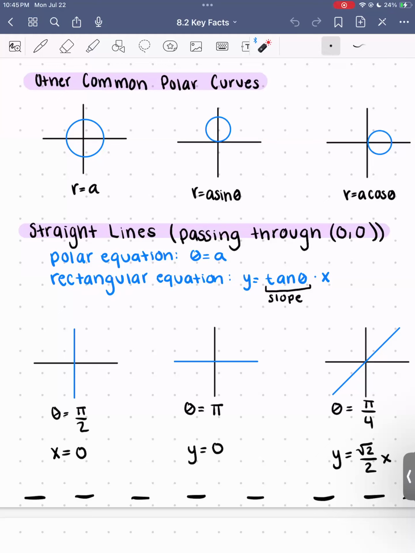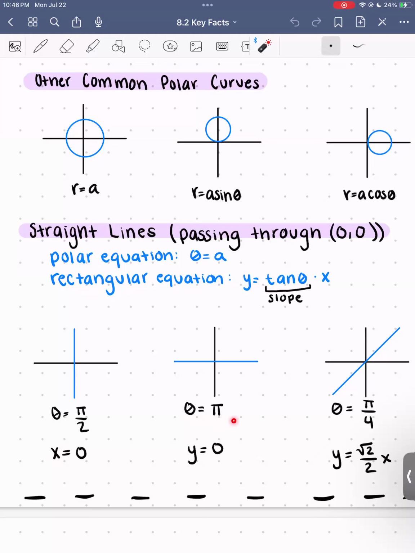So just for some examples, we would have theta is equal to pi over 2. Remember, pi over 2 is up here, so that would just be a straight line on our y-axis. Any vertical line can be represented as x equals, so that's how we get x equals 0 for our rectangular graph.